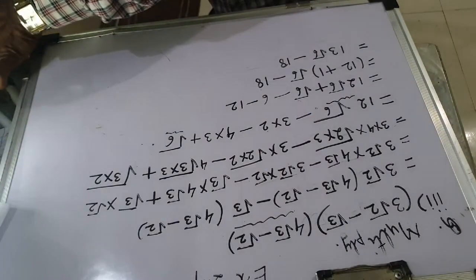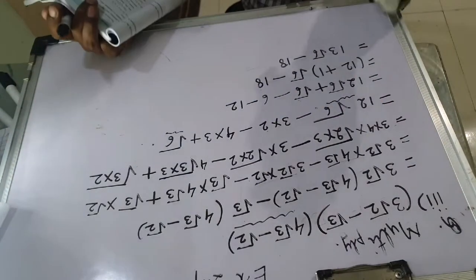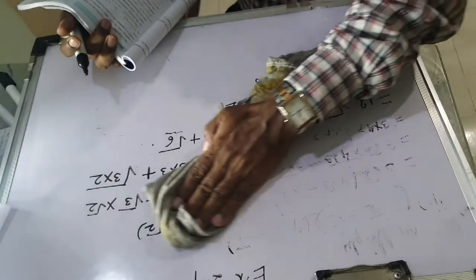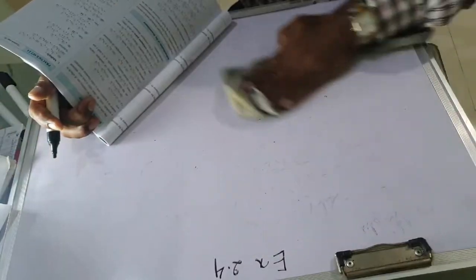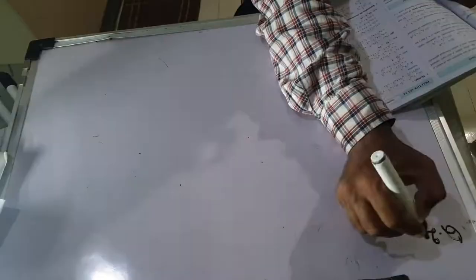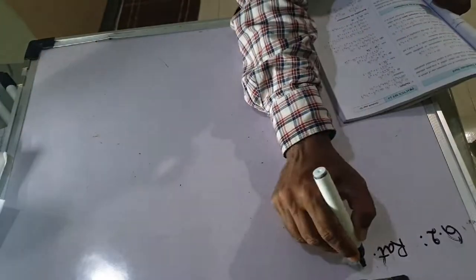In exercise 2.3 also we have seen rationalizing the denominator. In this also there is one question on rationalizing the denominator, that also we are going to see now. Question 2: rationalize the denominator.